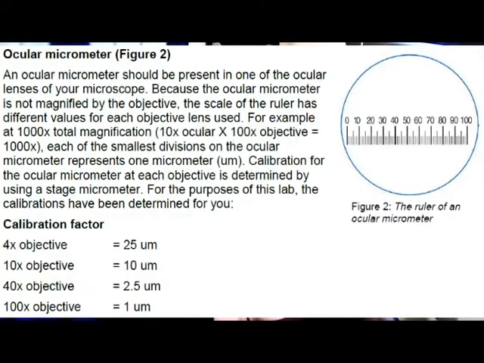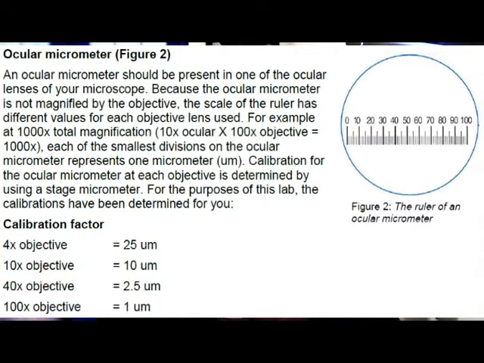That means that when we're looking through the 4x objective and you see something that falls between 2 notches of the ocular micrometer, the little ruler inside the ocular, in order to get the true size, you would multiply 2 by 25 to get 50, and that is the actual size of the bacteria or object that you're looking at.